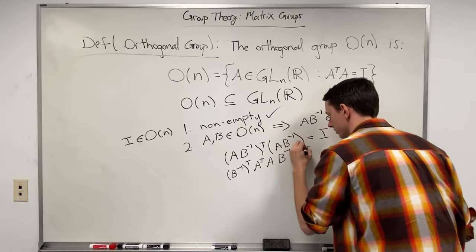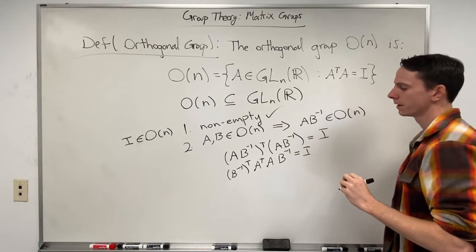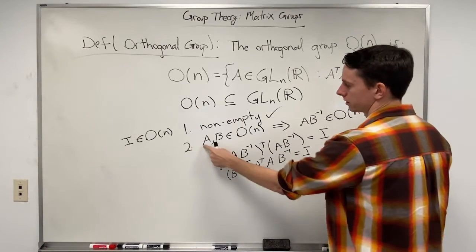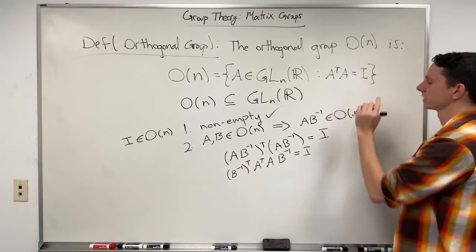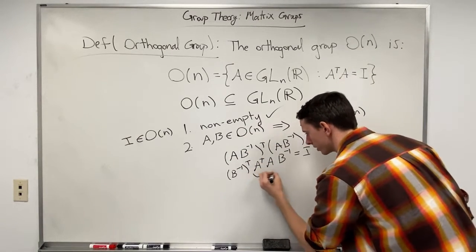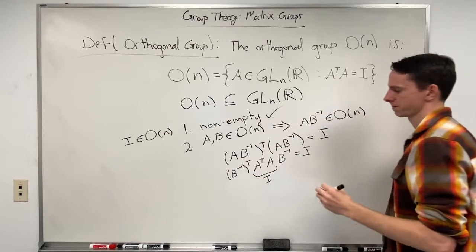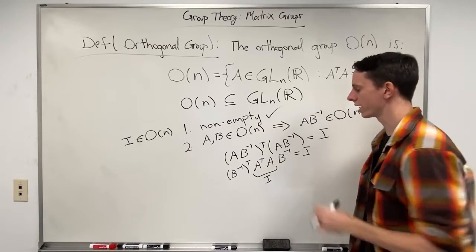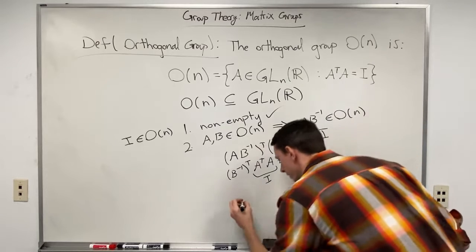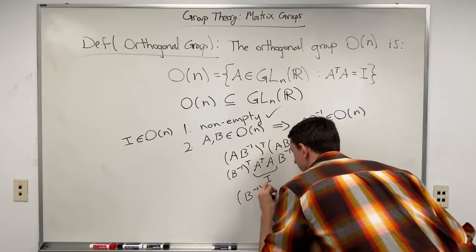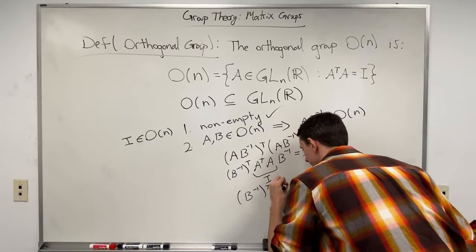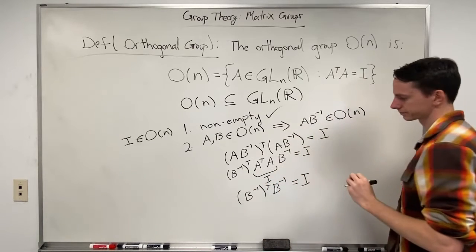Because A is an element of the orthogonal group, we know that A transpose A gives us I. So this quantity right here is just the identity, and that effectively goes away in the matrix multiplication, leaving us with B inverse transpose B inverse equals I.